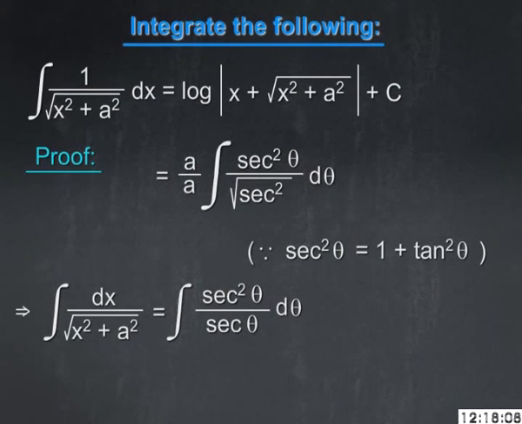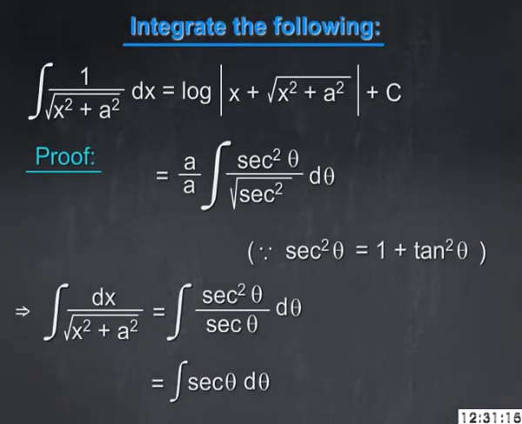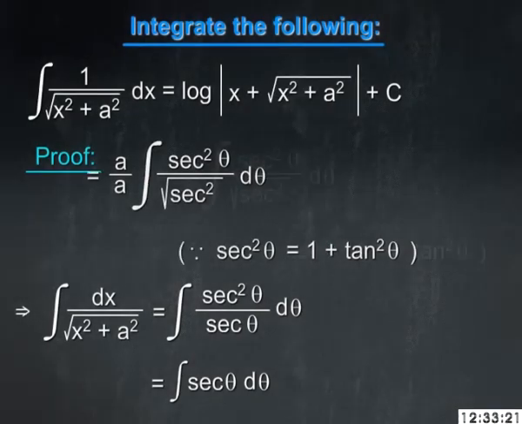So the integral of 1 upon square root of x square plus a square with respect to x is equal to integral of secant square theta upon secant theta with respect to theta, and that is equal to integral of secant theta with respect to theta.